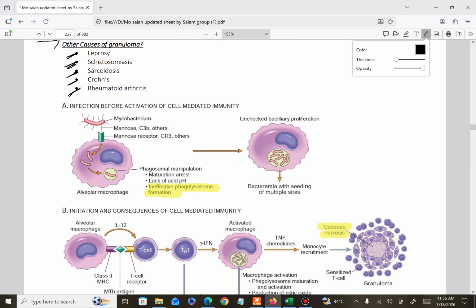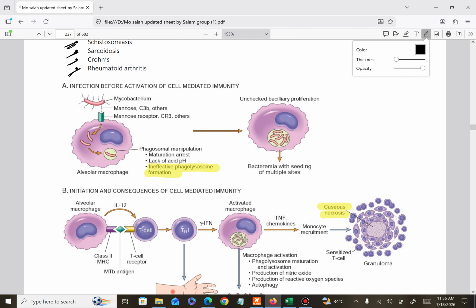Now we will discuss the immune response to mycobacterium infection. This includes two processes. First, infection before activation of cell mediated immunity, and second, initiation and consequences of cell mediated immunity.